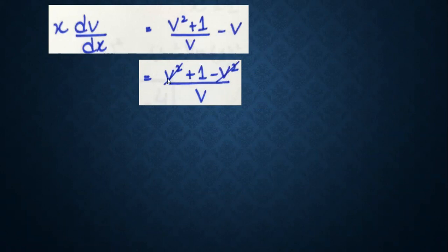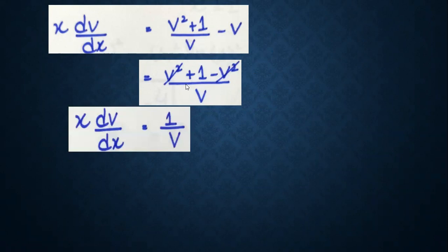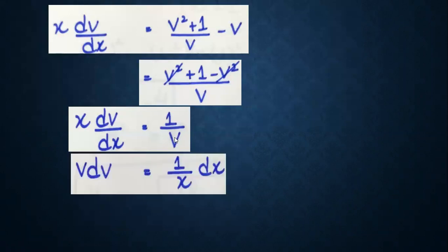So v square cancels with v square, and we have x dv over dx is equal to 1 upon v. In the next step, you take this v to the other side, so it becomes v times dv, and take this x so that it becomes 1 upon x, and dx is multiplied. In this way, we have separated the variables by applying the substitution method.